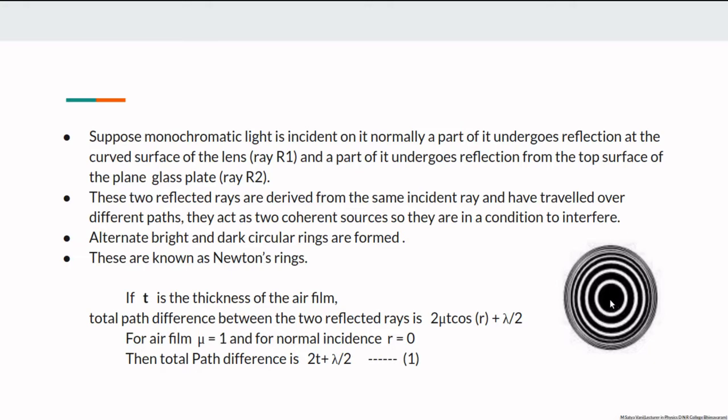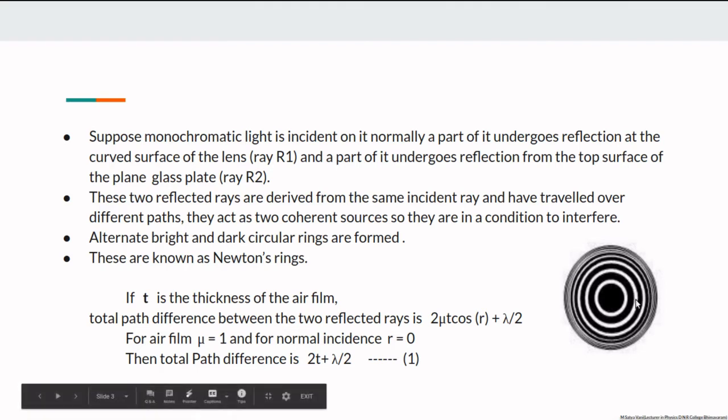This is the center of the circle. This is the first bright ring. This is the radius, and in this way the radii of different rings vary from center to ends. Gradually, the radius of the first ring is less than the radius of the second ring, and so on. Therefore, different rings have different radii and different diameters.